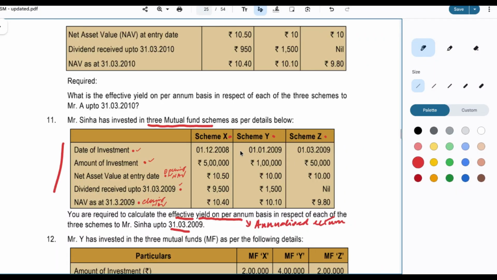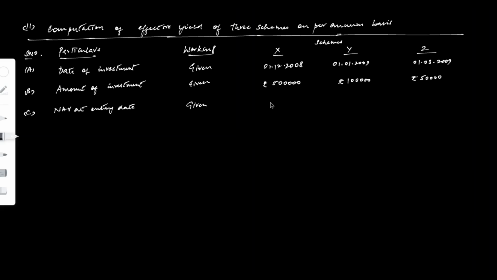It is 10.5 rupees, 10 rupees, 10 rupees. Now, what can we find out? Amount of investment by NAV at entry date will give us quantity purchased, right? Why do we have to calculate quantity purchased? Because dividend is given.